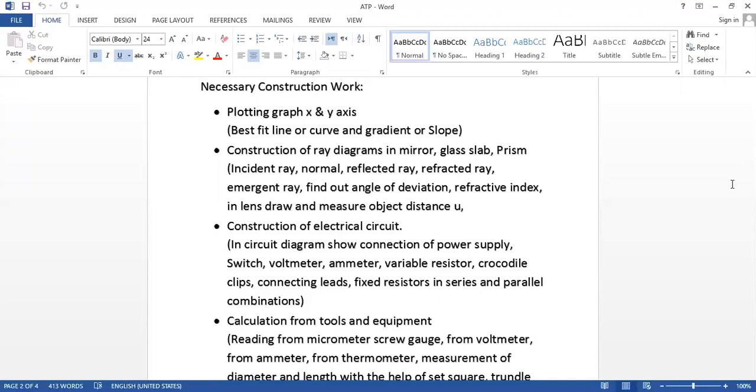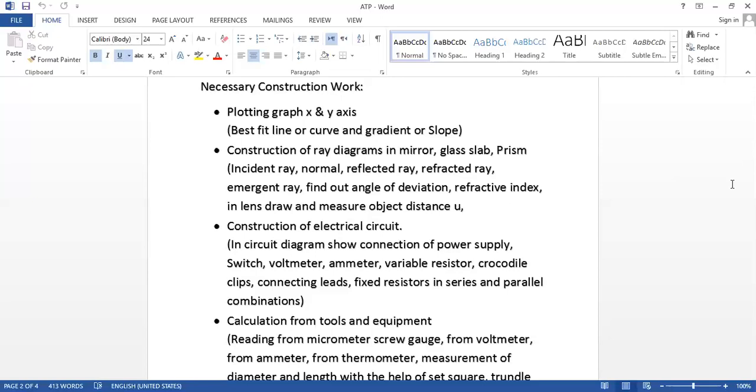And sometimes in your plotting graph, you have to calculate a gradient or slope. And what is gradient? You know very well. You will take any two values on the y-axis, and this is called the change in y coordinates, del y, and divide by the difference of any two values on the x-axis, x2 minus x1, which is called del x.